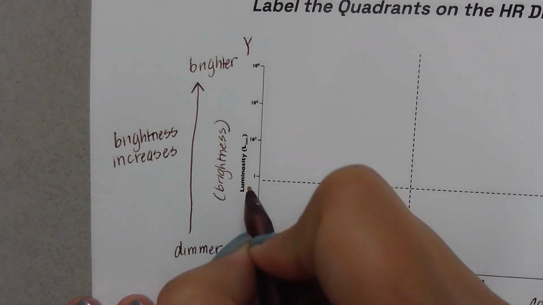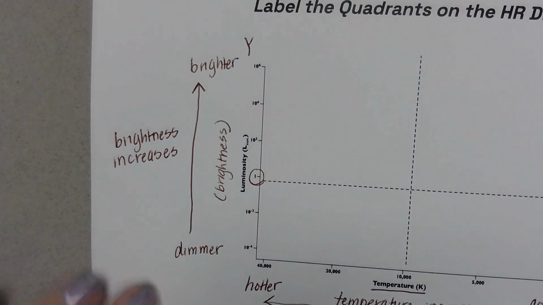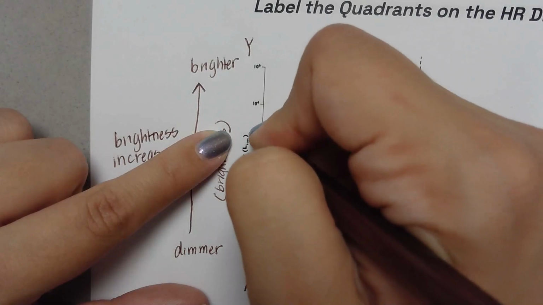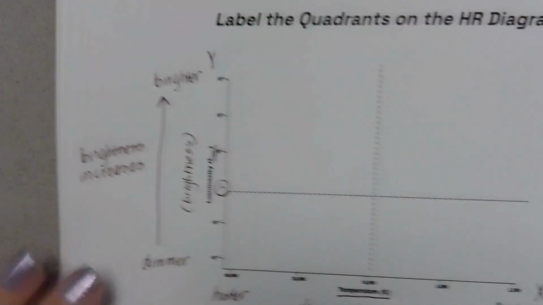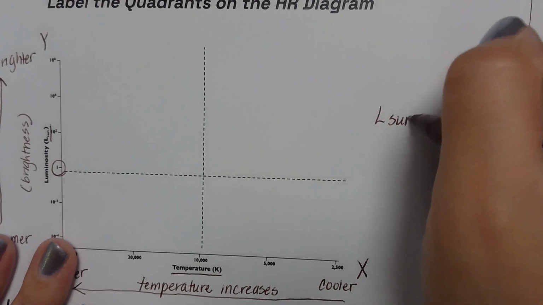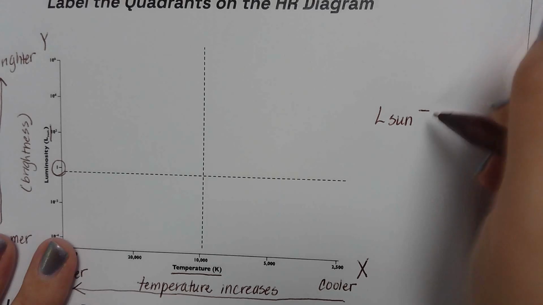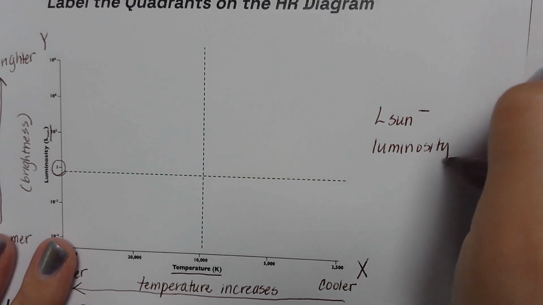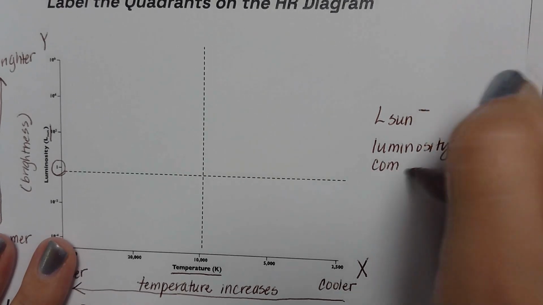Now this number 1 is really important. If you look at our unit for luminosity, it says L sun. So I'm going to write this over to the side. L sun is luminosity compared to the sun.